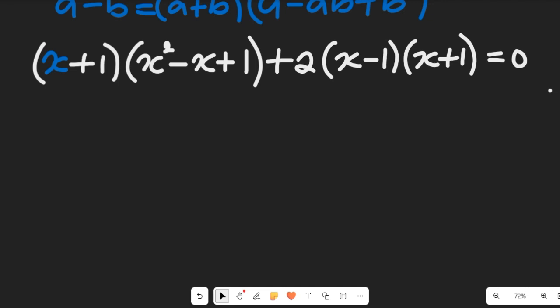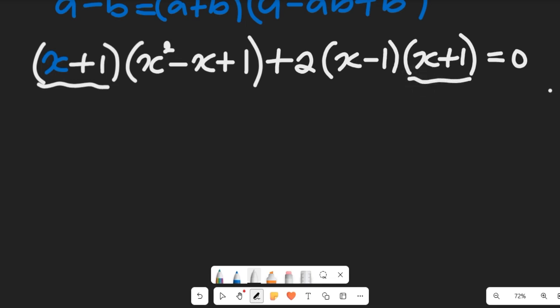Now, having gotten to this point, you can still see that we have one common term. And what is the common term? This and this. So I'll bring it out. If I bring it out, I'm going to have x plus 1, right?